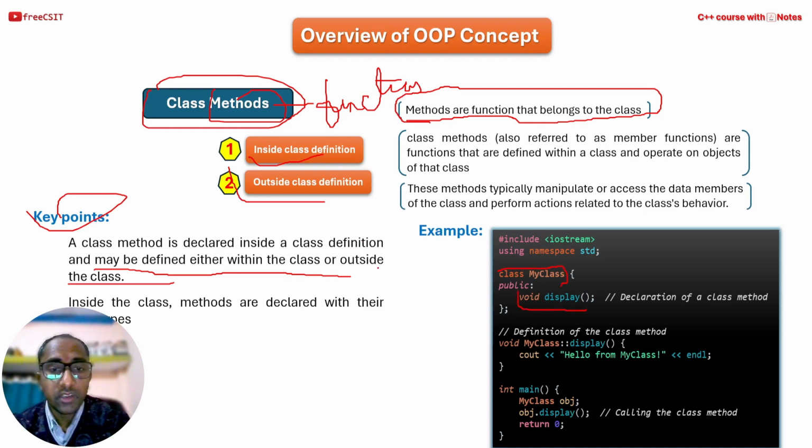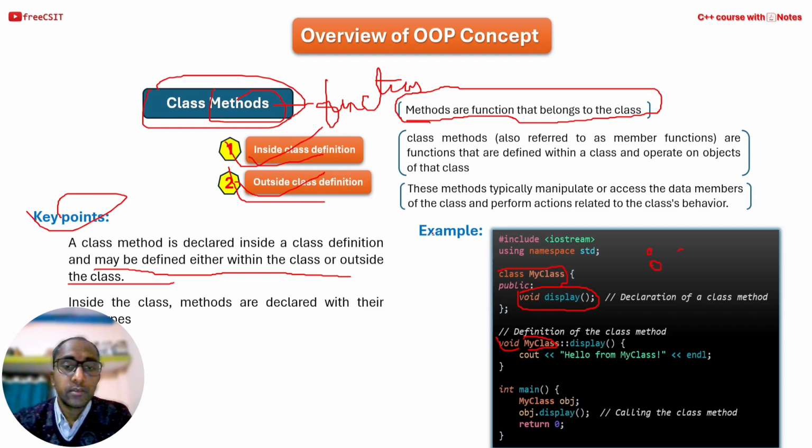Inside the class, you declare a class method, and then the definition of the class method, inside the class definition or outside it.